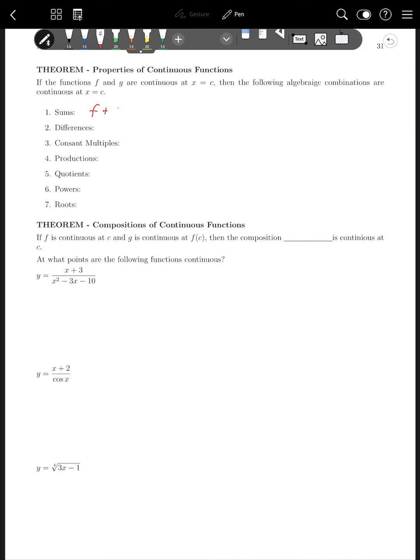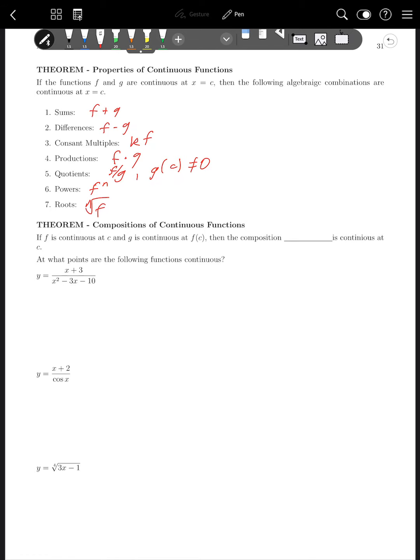F plus g is continuous, f minus g is continuous, a constant multiple k times f is continuous, f times g is continuous, f divided by g is continuous, as long as g of c does not equal 0. F to the nth power is continuous, and the nth root of f is continuous.